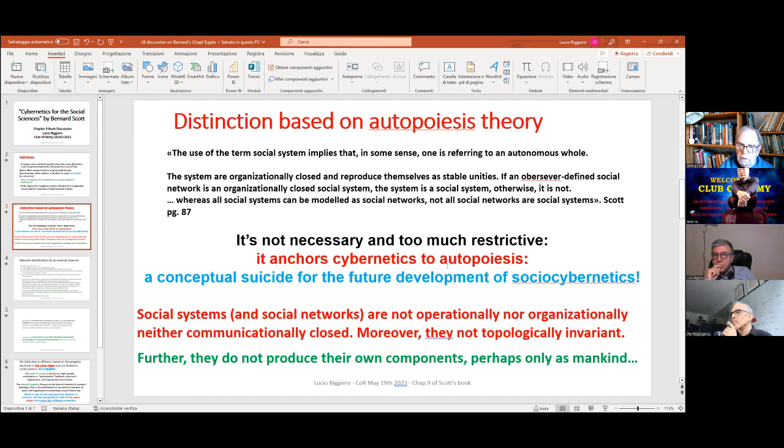But then he distinguishes that from the structure of the system. At any moment, an autopoietic system or organization, closed system, has a structure, but that structure is not invariant. It's not topologically invariant. It changes from moment to moment. I'm moving my hand. I'm speaking.